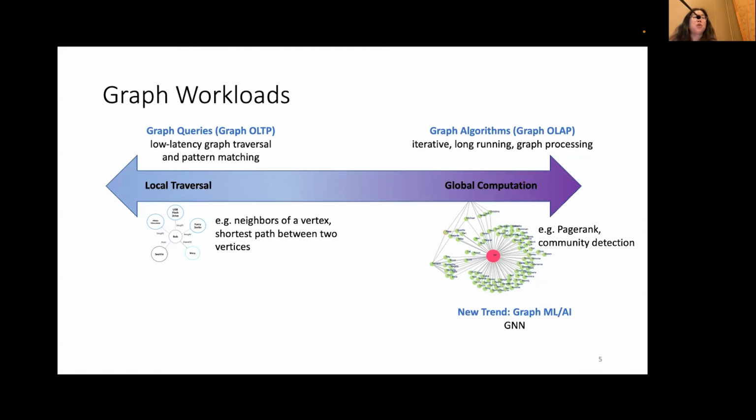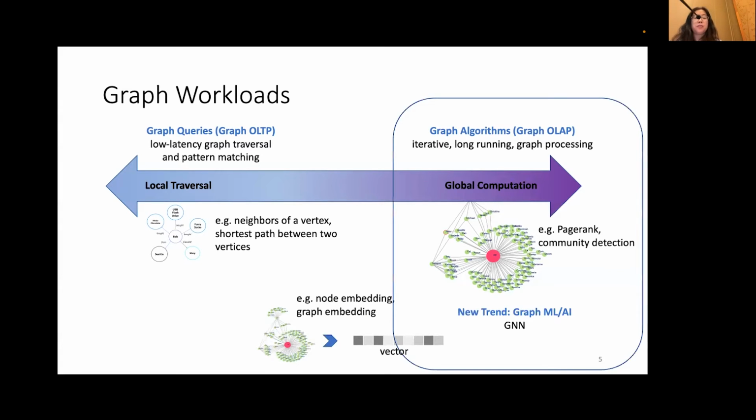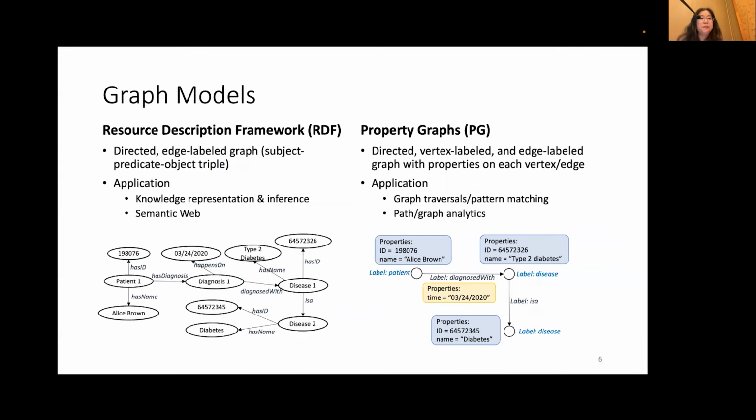People call it graph ML, graph AI. Examples are graph neural networks or node embedding, graph embedding. What I often see in practice, in industry, is that people often lump graph ML together with graph OLAP, graph algorithms together.